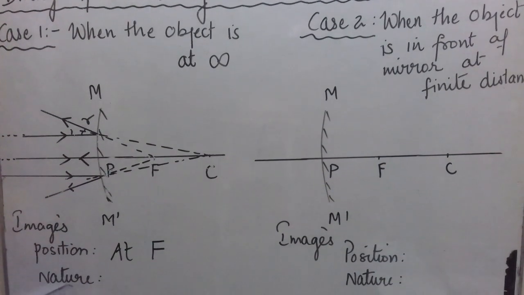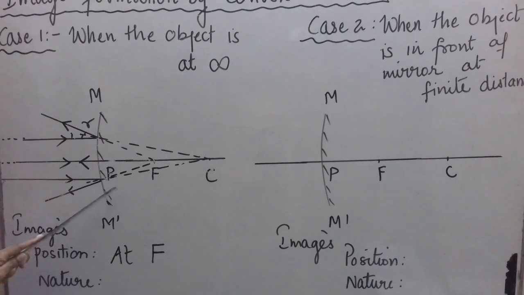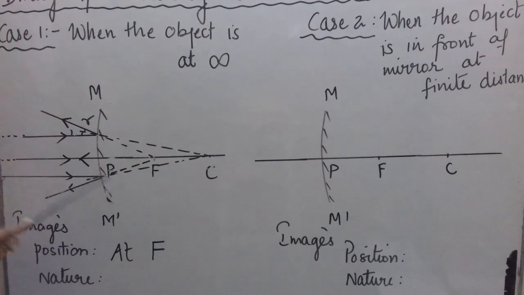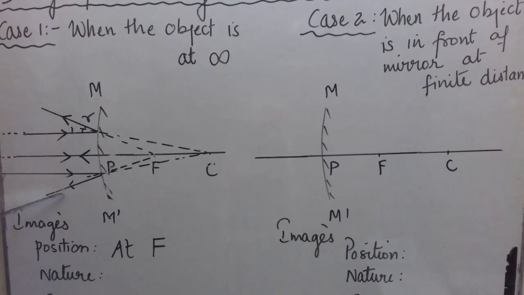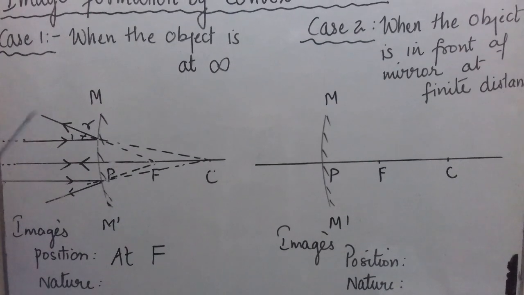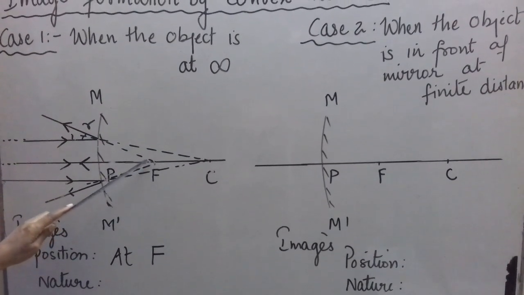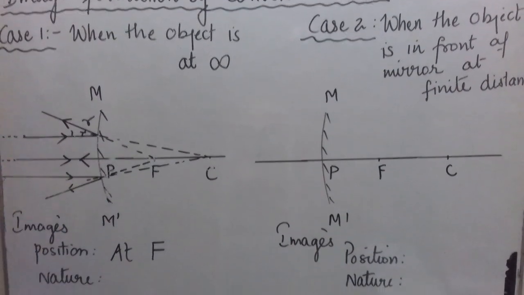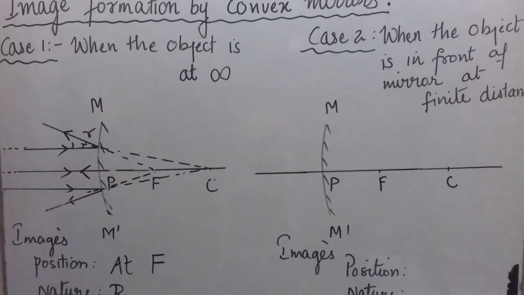What is the nature? Students, I hope by now you should be able to answer when I ask you this question. But think over it. The rays which are parallel to the principal axis appear to meet at focus. So here, they appear to meet at focus. So the nature will be real or virtual?